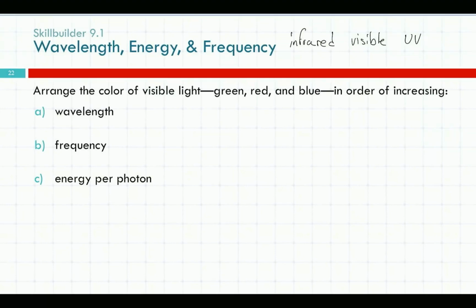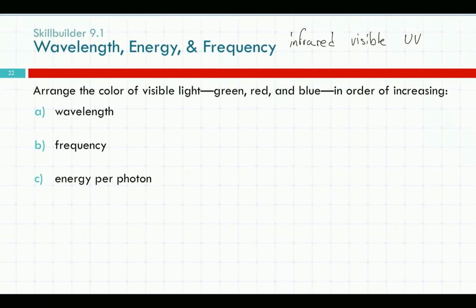Which of these do you think? Let's talk about energy first, actually, because I think that's going to make the most sense. So red, green, or blue, which one's going to be, it says increasing energy per photon. So which one's the lowest energy light? UV gives you sunburns.